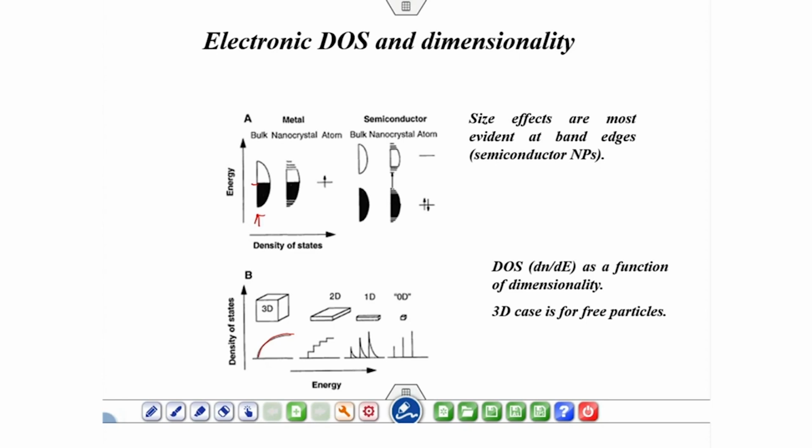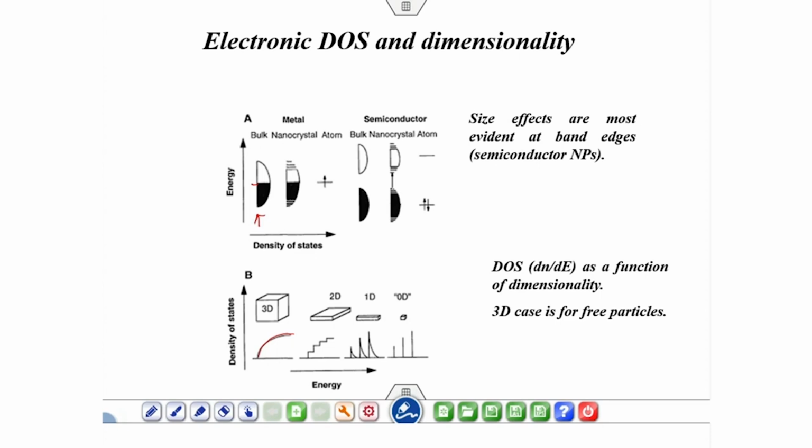As soon as you make any of these x, y, z dimensions nanoscale, the energy levels will undergo discretization. You might be thinking why it is so. We will come to it very soon. Energy levels will be discretized, and that means electrons cannot occupy any energy level continuously, like in the case of a bulk material. Electrons can only occupy those discrete energy levels, and because of that, the motion of electrons is affected in a nanomaterial.